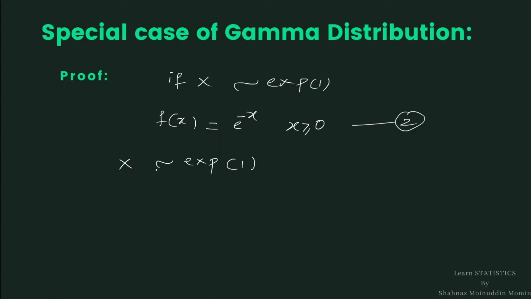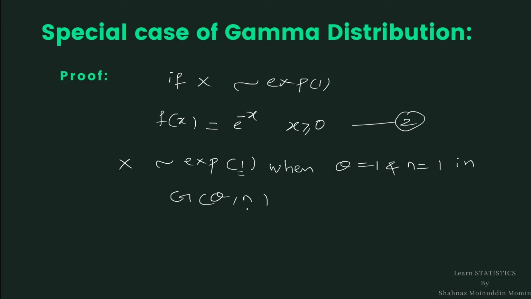Hence, x is exponential with parameter 1 when theta equal to 1 and n equal to 1 in gamma theta n. Then and then only x follows exponential with parameter 1. This is the special case of gamma distribution.